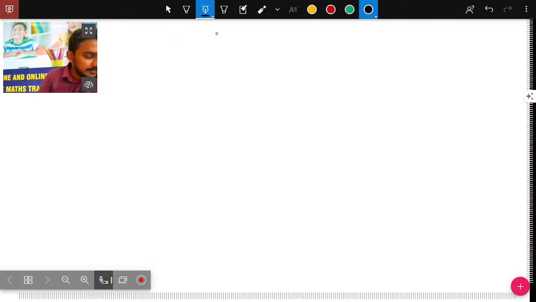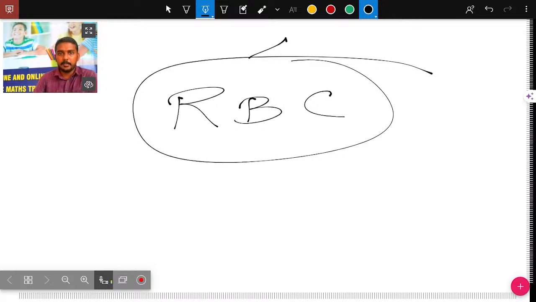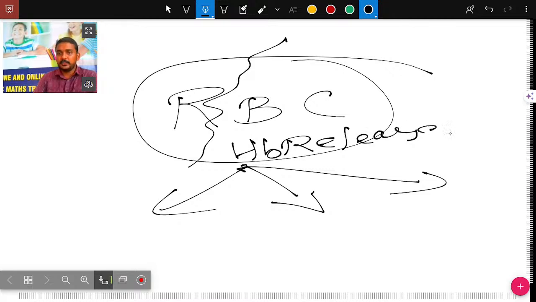Let's say, what is the result? It is this release of hemoglobin, that's what we are talking about. Damaged RBC means there will be release of hemoglobin, and that release could result in 3 manifestations.